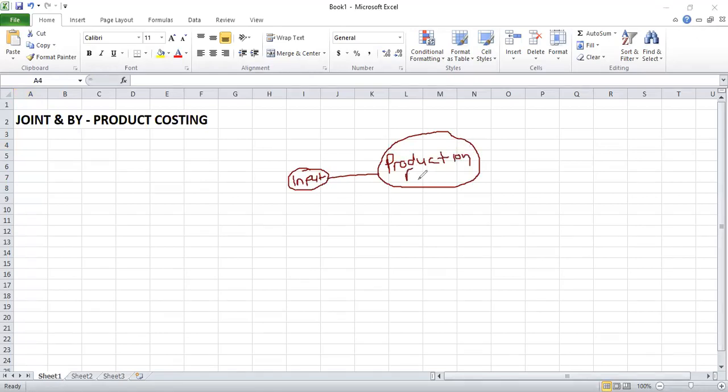Then let's say the process is in the form of fractional distillation. And at the end of the process, we're going to get petrol, diesel, paraffin.